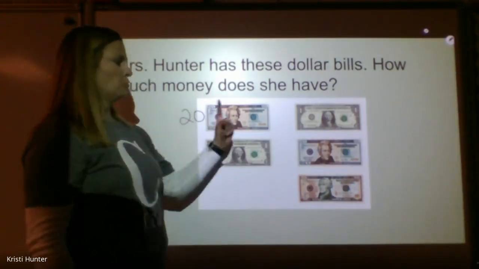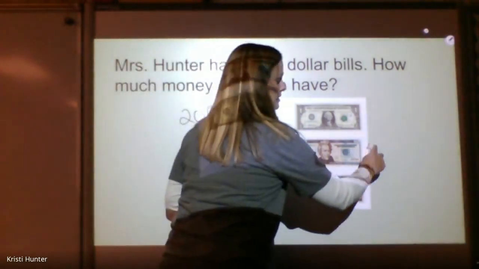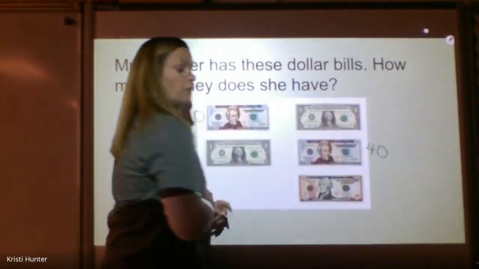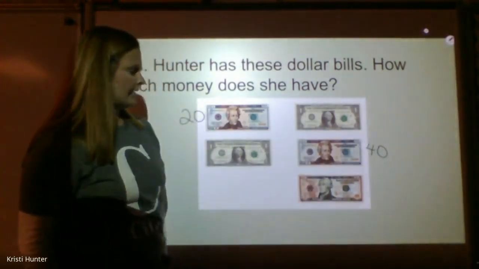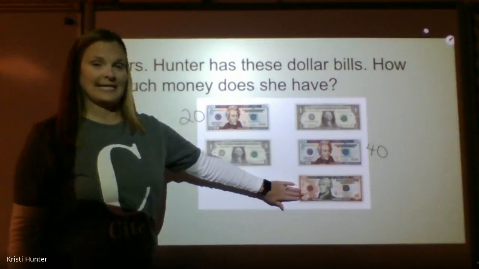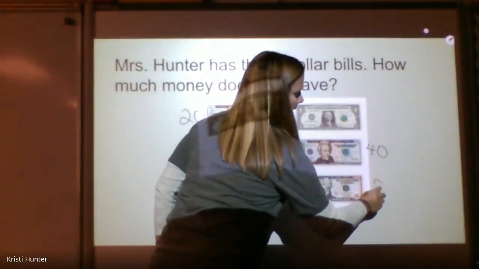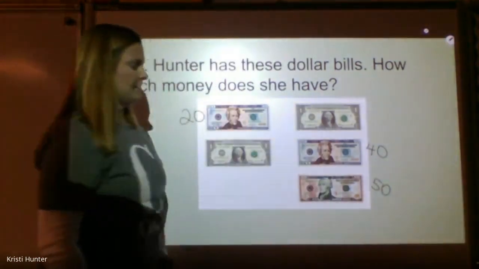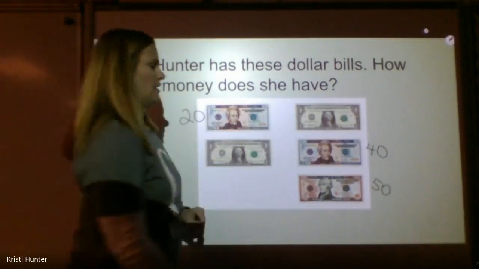So 2, 4, right? So this is actually $40. So 20, 40. My next biggest bill was this 10. If I'm at 40, I add 10 to it. I get to 50.